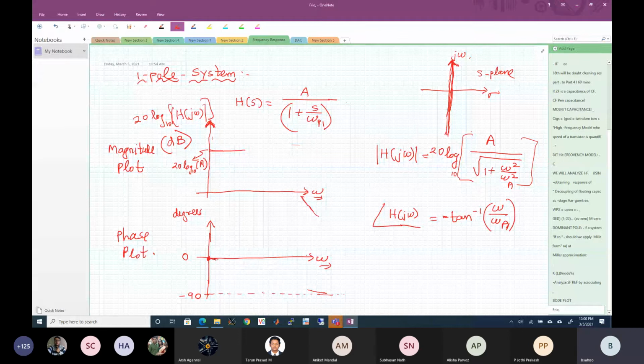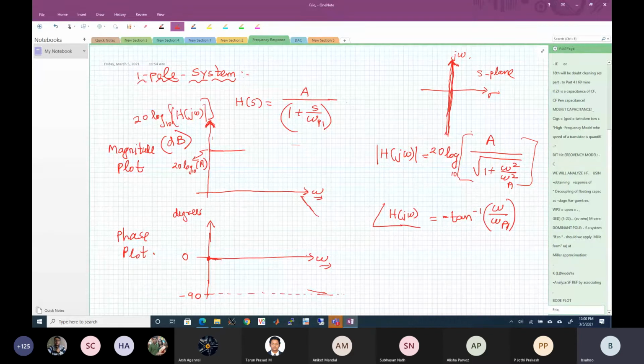Now for the asymptotic plot, let's try to find out what the magnitude is at the pole frequency. That means when I apply a sine wave of frequency omega p1, and let's say omega p1 is a real number.